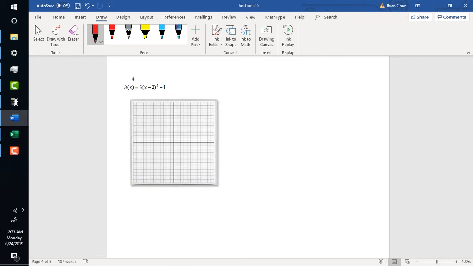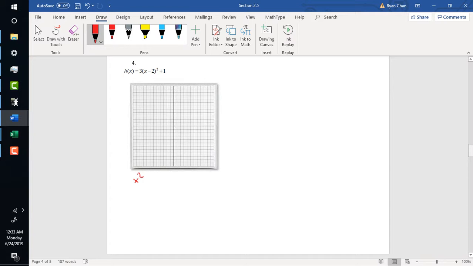The thing that I want to first realize is what is my parent graph. So if you notice, this is essentially an extension of x squared still, right? So I still start off doing my x and y coordinates. I'm still going to do x squared.